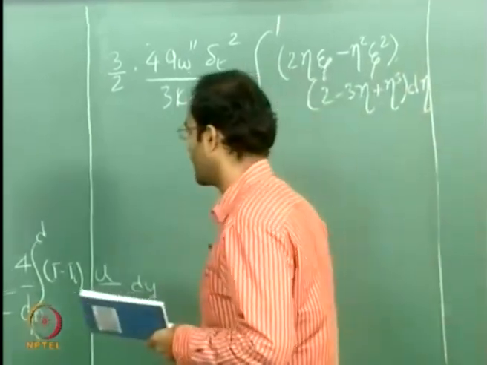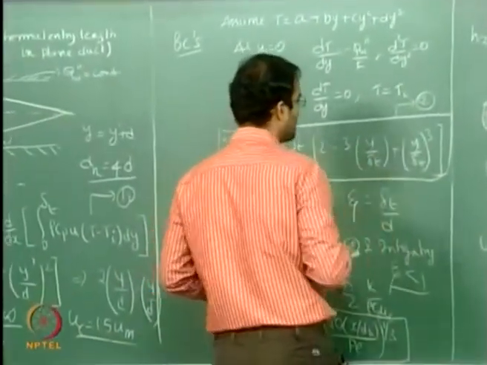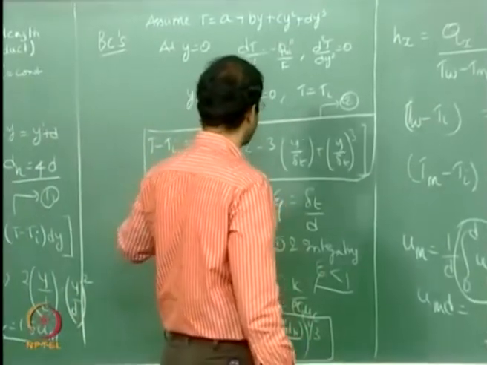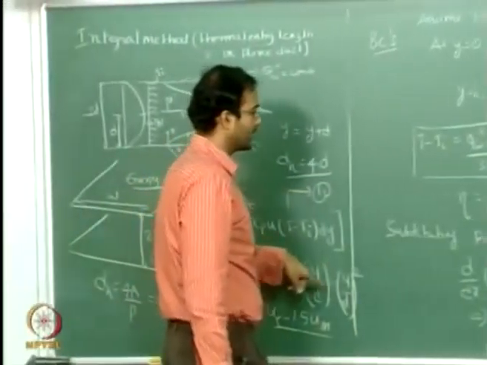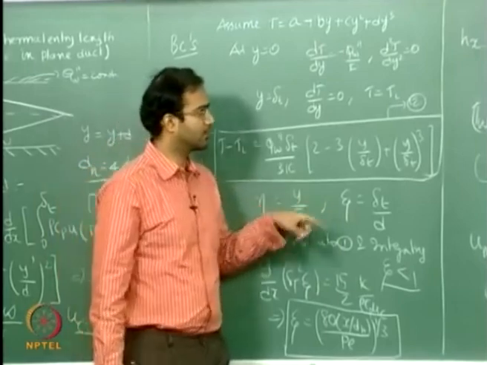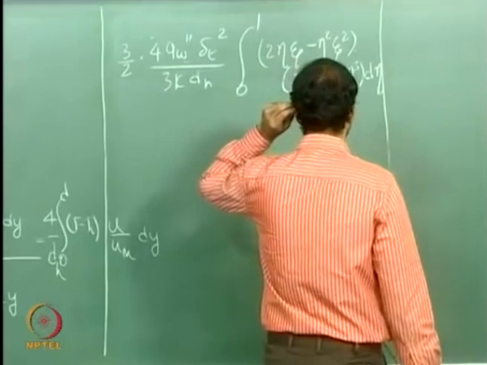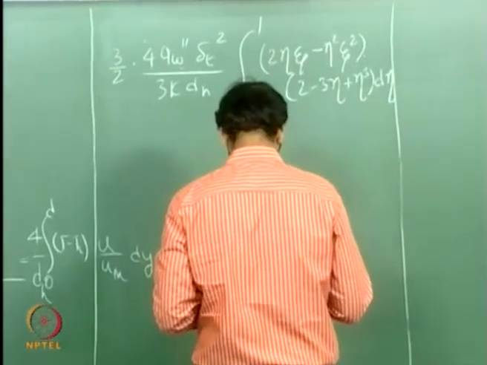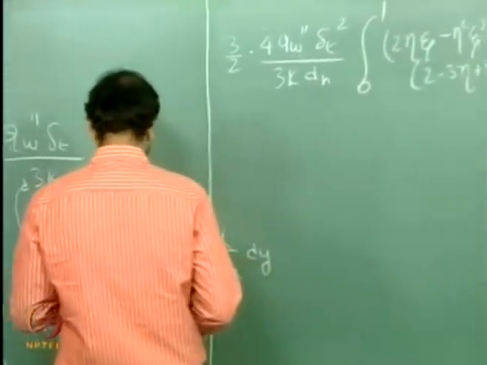Okay, so if you plug in for your temperature profile, which you already have here in terms of eta, your y by delta t can be expressed in terms of eta, and in case of your velocity profile, your y by d can be expressed as eta into zeta, right? So you plug it in terms of eta and zeta, and you integrate over the non-dimensional y coordinate, that is basically your eta, between 0 and 1.